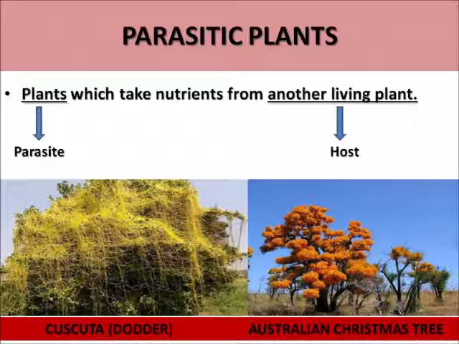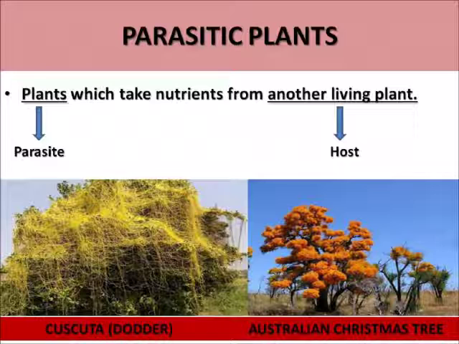Now, since they don't have chlorophyll, they cannot prepare their own food. So they depend on some other plant. Here on the screen, you can see this cuscuta, the yellow plants, living on some other plant which is green in color.